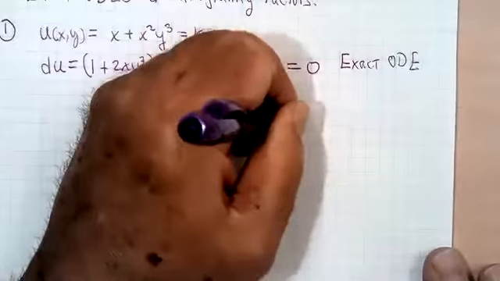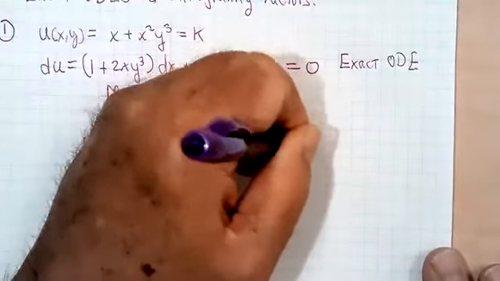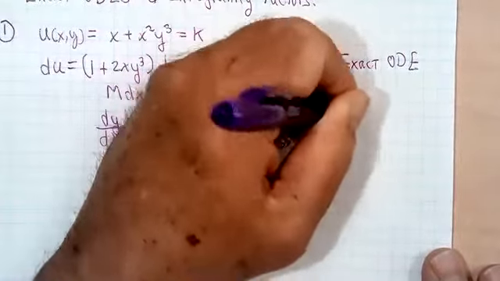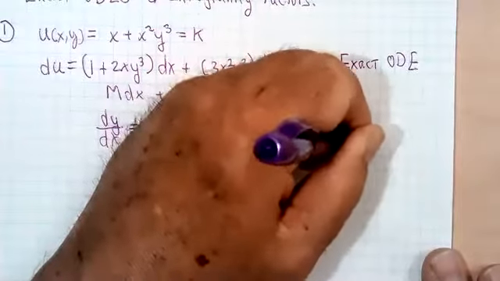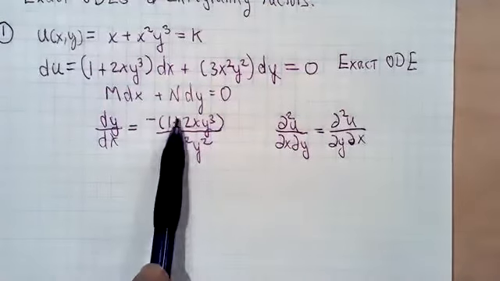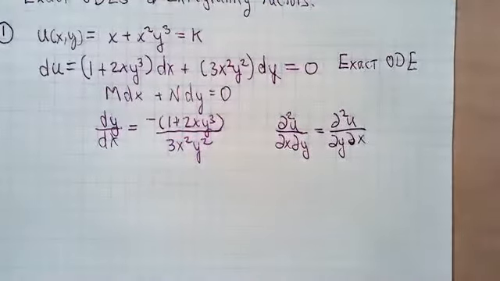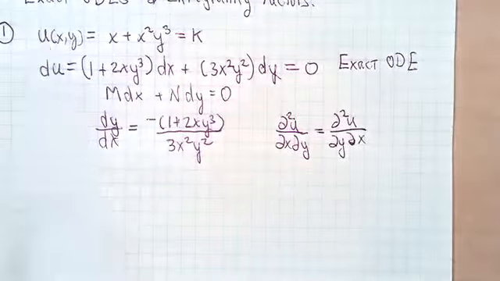And what we're using is the fact that the two second order mixed partial derivatives are equal, to test whether those factors that occur there originate from the same u or not.